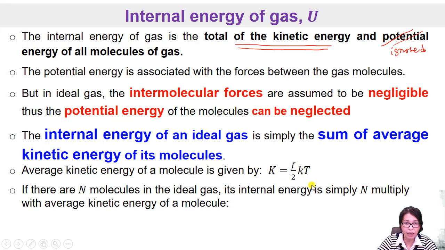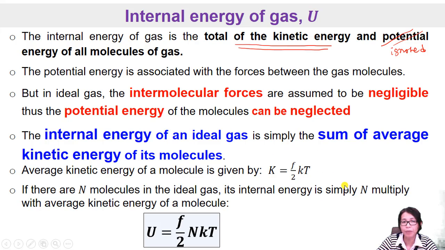over 2 kT. So if there are N molecules in an ideal gas, their internal energy will be simply the number of molecules N multiplied by the average kinetic energy of a gas molecule. So I will have this one. The internal energy of gas will be given by F/2 NkT.